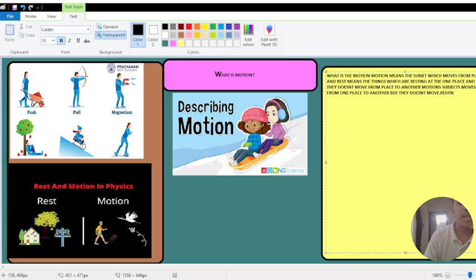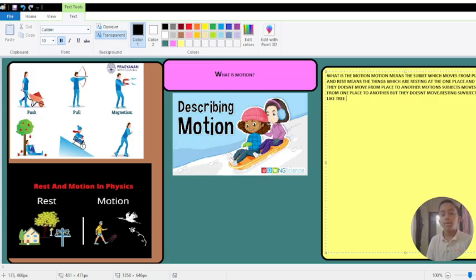Resting subjects are like a tree. A tree doesn't move. You can see here a tree stands at one place, and it doesn't move from one place to another.